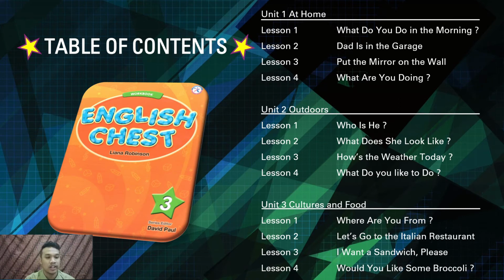Let's move to lesson 3. Lesson 3 is about putting the mirror on the wall. In lesson 3, students will be able to identify household items and the location of these items in the house. I think this brings students to understand prepositions of place, for example in, on, behind, under, next to, in front of, and so on.